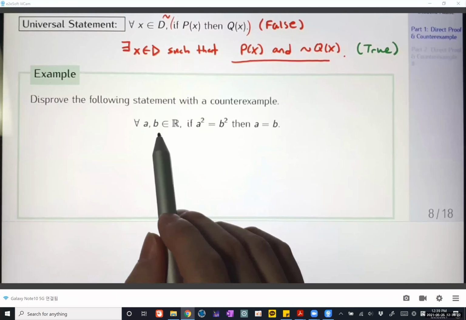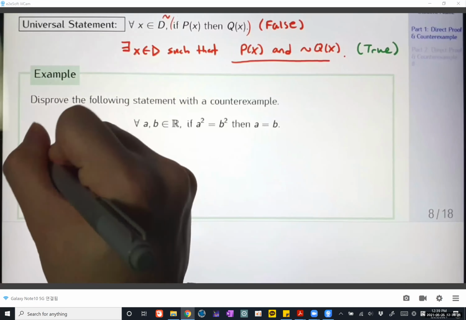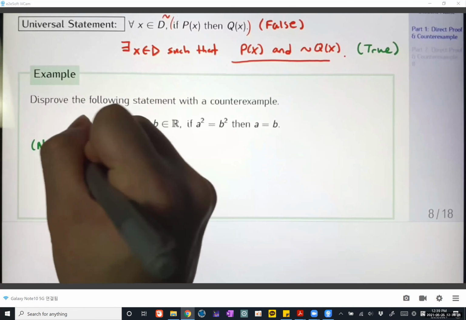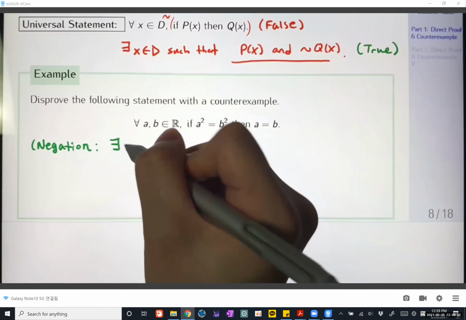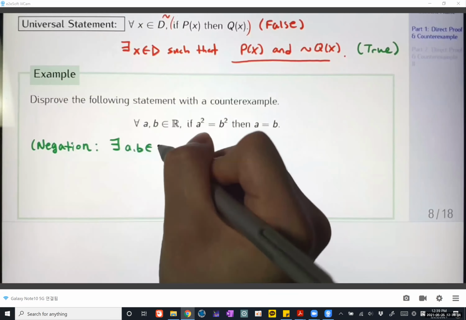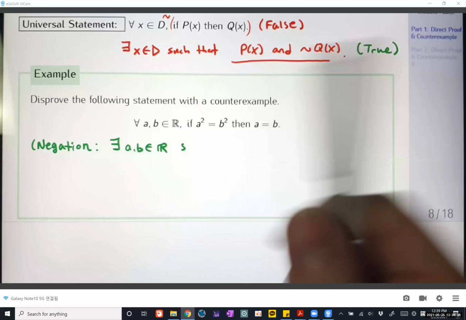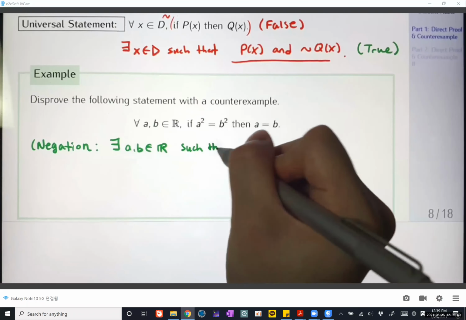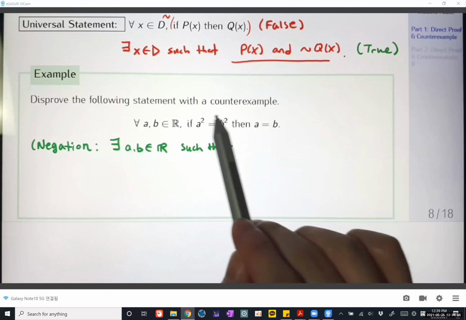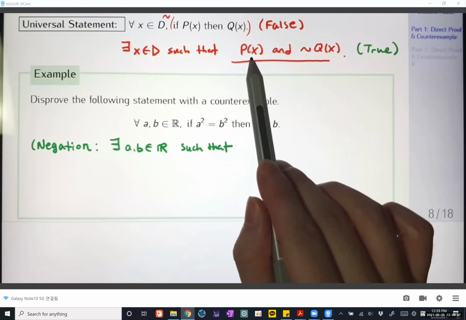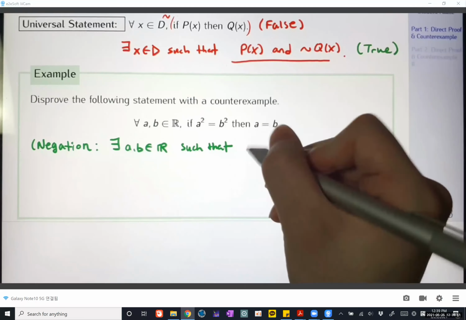Let me quickly write down the negation of this universal statement. The negation is there exists A, B in R such that A squared equals B squared, which was P, right? So we just copy and paste this, A squared equal to B squared.